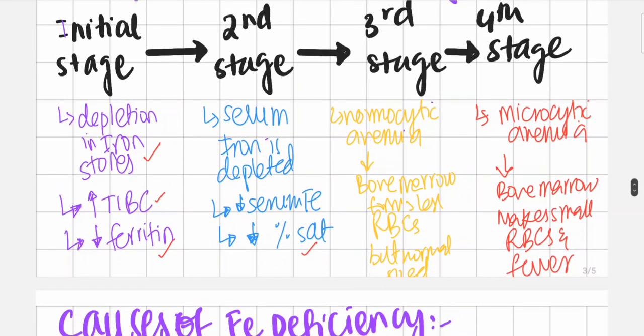Now in the third stage, there's going to be normocytic anemia, because bone marrow is going to form fewer RBCs, but they're going to be of normal size. Now, in the fourth and final stage, there is going to be microcytic anemia, because not only does bone marrow make fewer RBCs, but it also makes small RBCs. That is how MCV is reduced, and hence microcytic anemia.